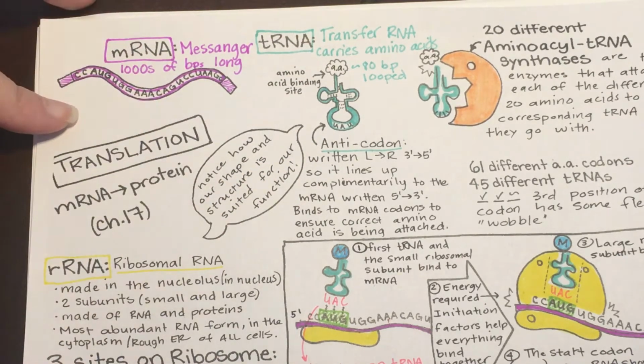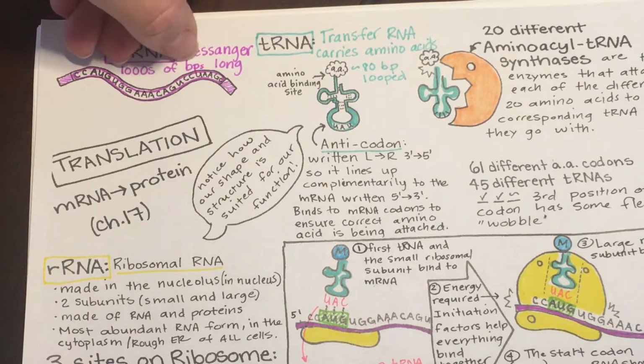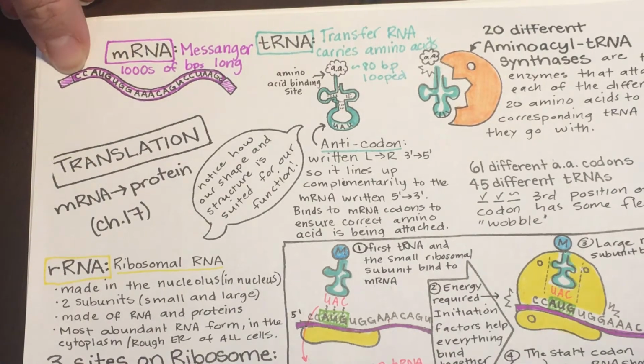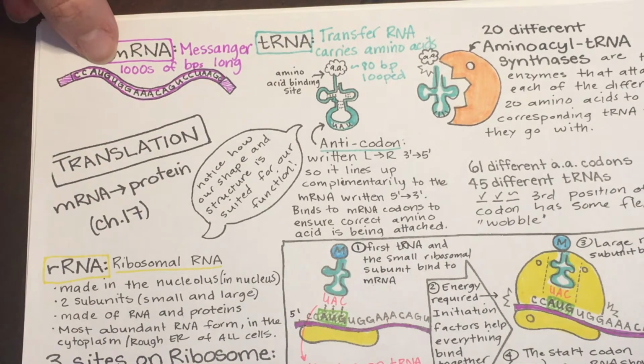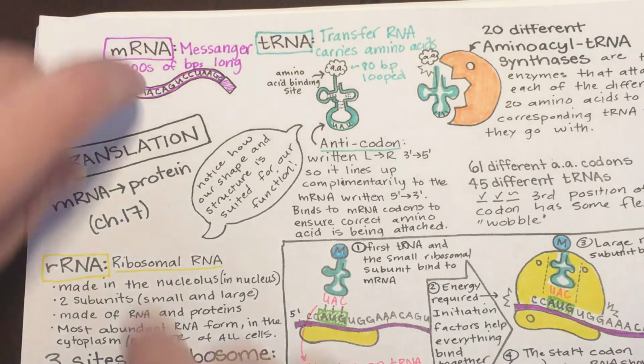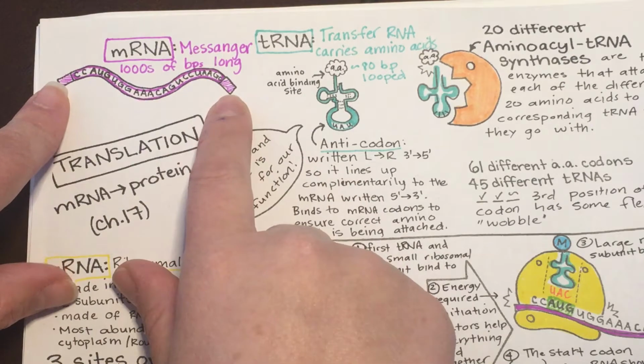So one here that you're probably most familiar with is mRNA, or messenger RNA. When you see BPs, I'm talking about base pairs. So mRNA coded from the gene is thousands of base pairs long, and it's got a start codon in there. Somewhere along the way, it's also got a stop codon. But we created that from transcription with RNA polymerase.